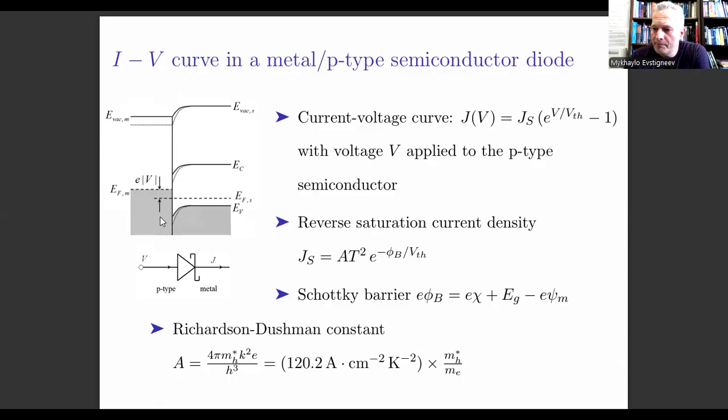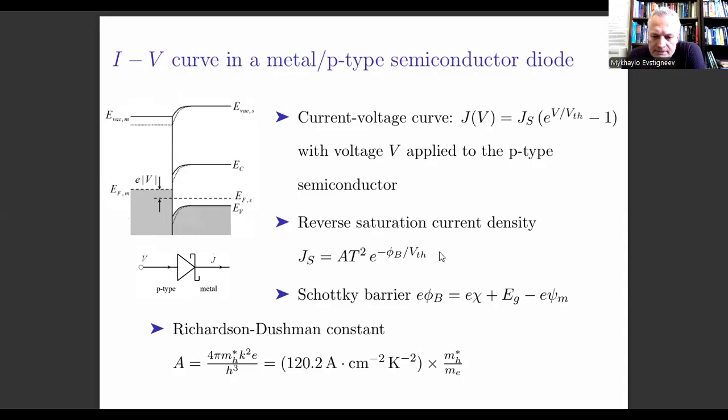But for theoretical academic interest, we would like to also understand how an ideal Schottky diode works if the semiconductor is of p-type. So what changes?